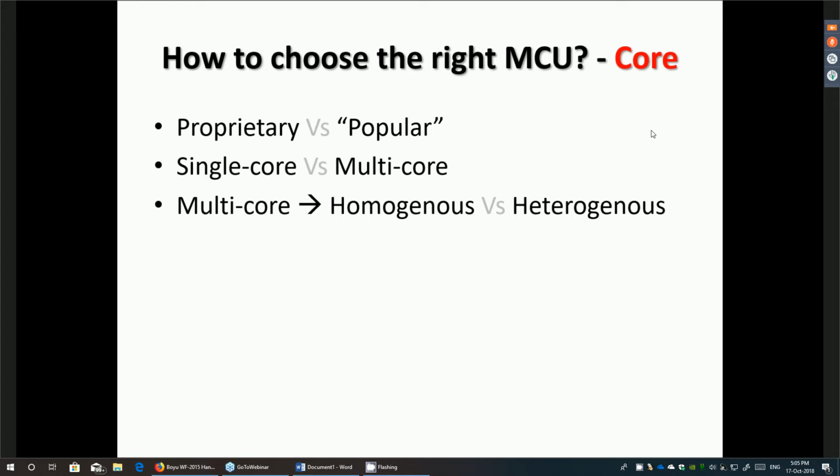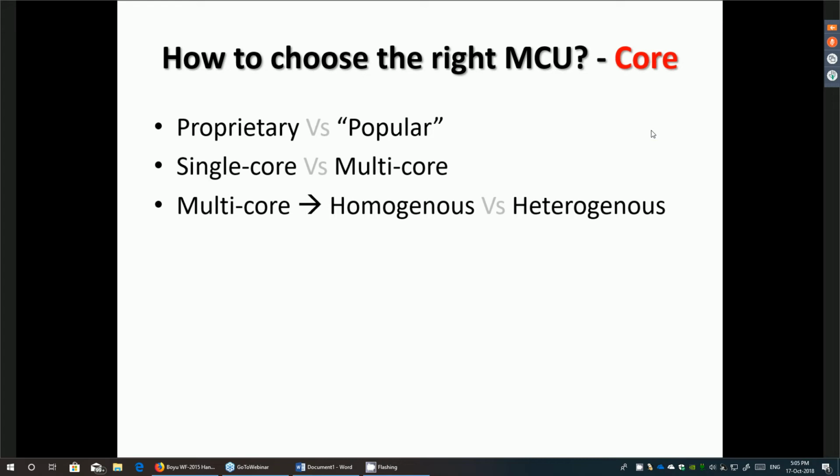So there are microcontrollers which have only one CPU, one processor, but there are microcontrollers which have more than one CPU. It could be 2, it could be 4, it could be 8. I heard some of the NVIDIA chips, they have 16 cores, 16 CPUs inside the same chip, okay?